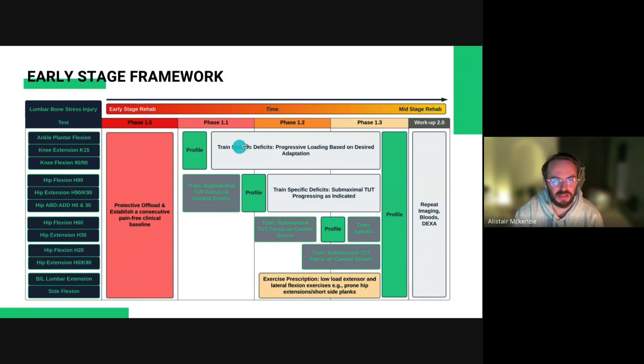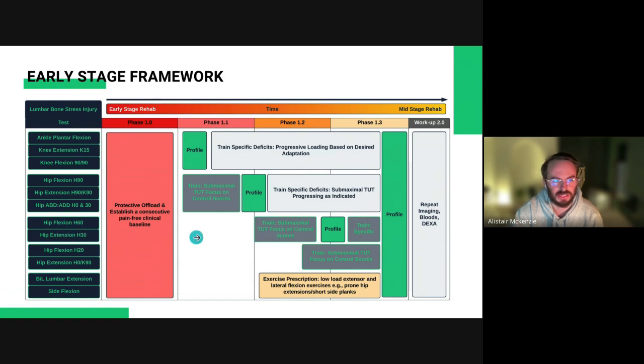So we're going to profile it, and then we're going to train the deficits accordingly. Then during that time, we might use our clinical tests, or we might use the training modalities of the KangaTech to start early loading and test some symptoms of load and compression in and around that area. Then once we're happy, we might profile it, train the deficits, and review at a later stage.